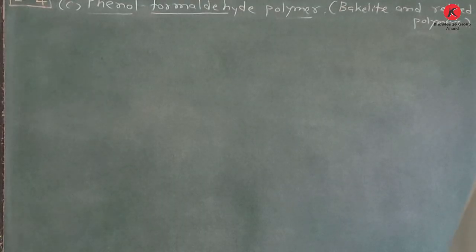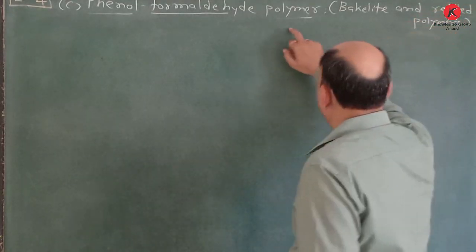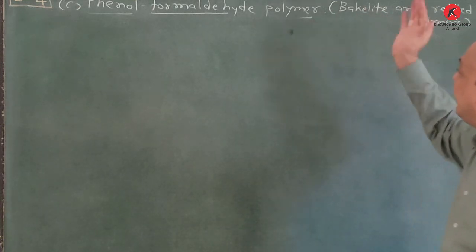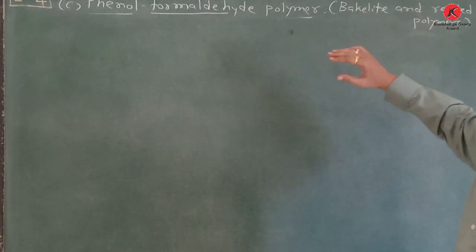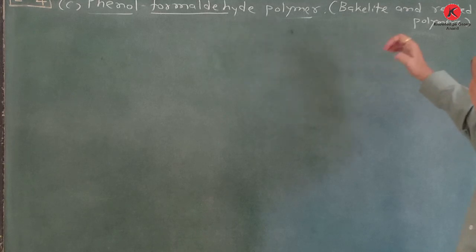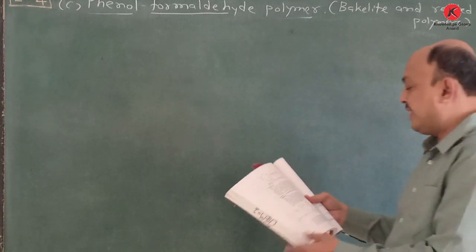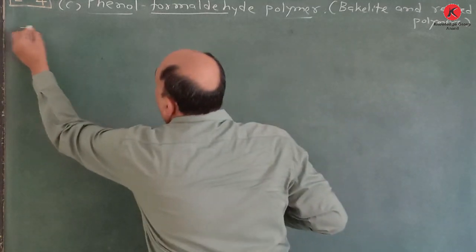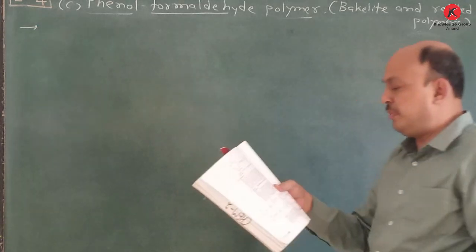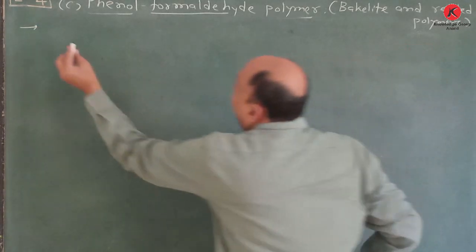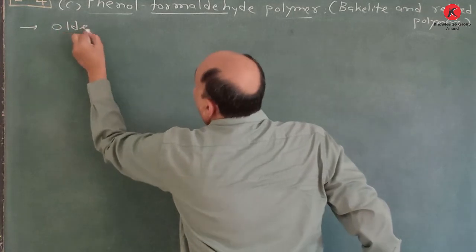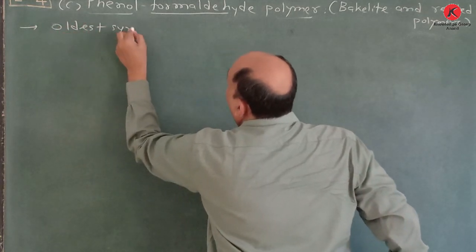Now, C is phenol formaldehyde polymers. The name itself indicates that here phenol and formaldehyde react. These phenol formaldehyde polymers are the oldest synthetic polymers, remember this particular word.